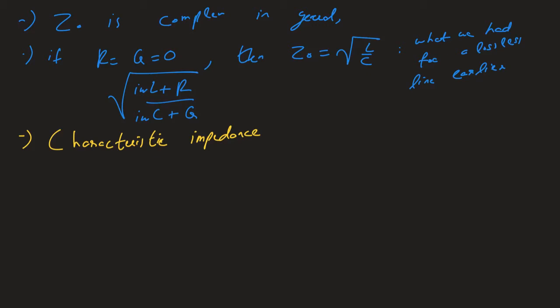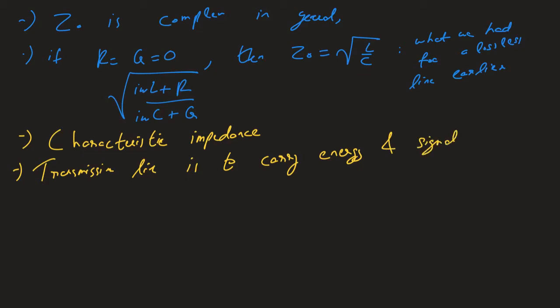So of course, the purpose of a transmission line is to carry energy and signals. So what we'll do now is go into our next topic. So we've considered a transmission line and we've calculated its characteristic impedance.